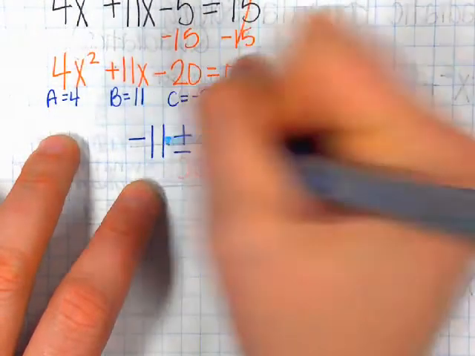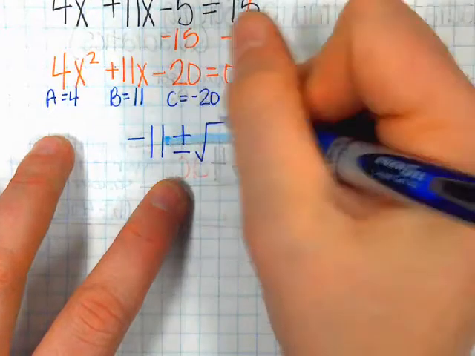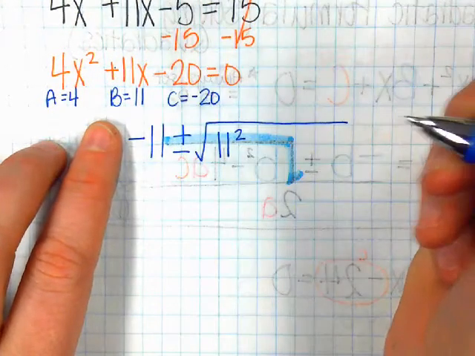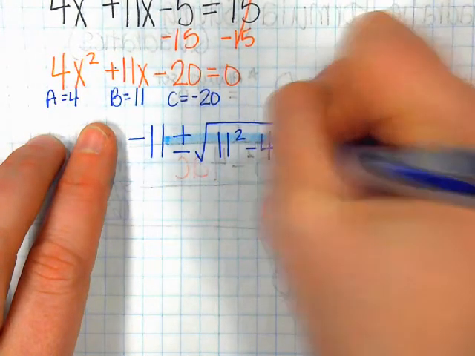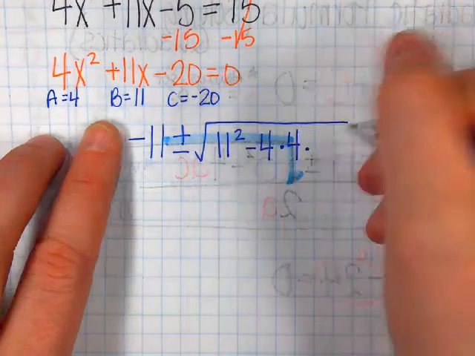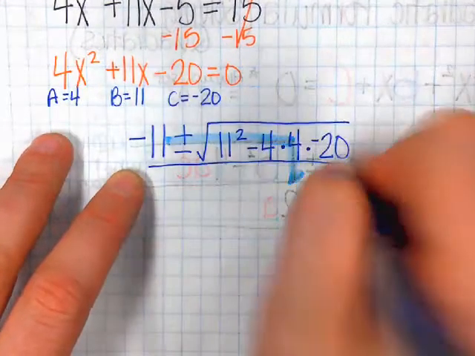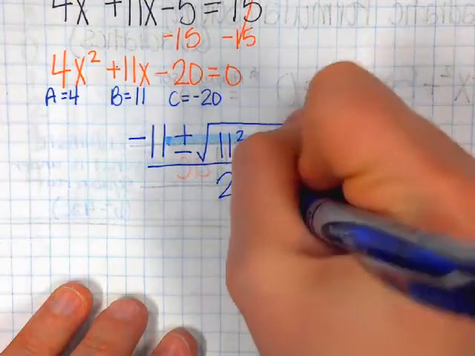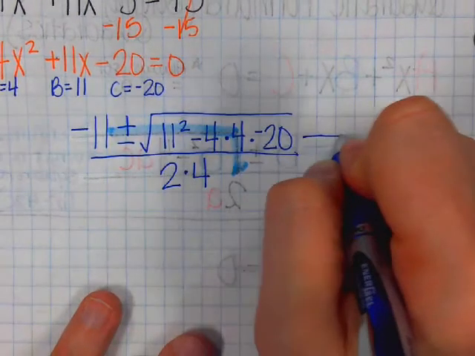So for our formula, opposite of B, negative 11, plus and minus the square root of B squared, so 11 squared, minus 4 times A, which is 4, times C, which is negative 20, all divided by 2 times A, which is 4.